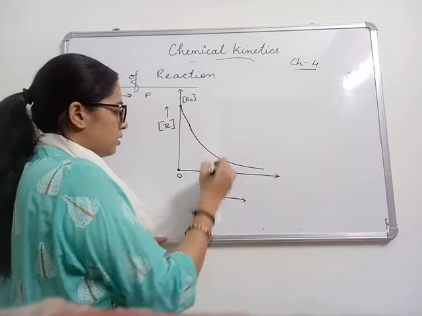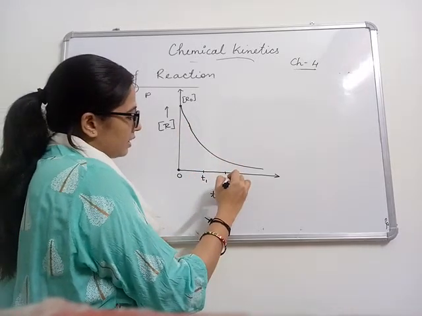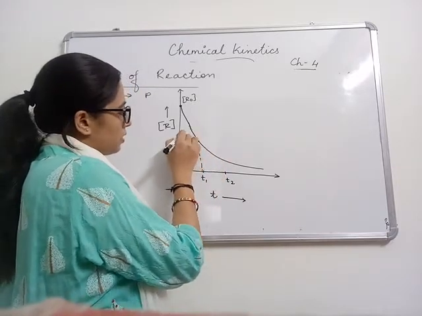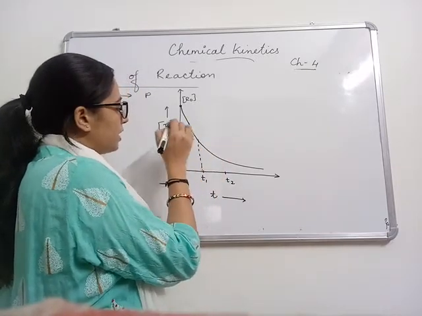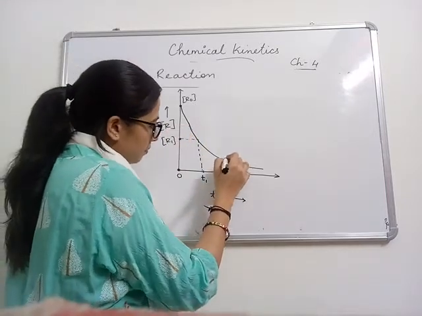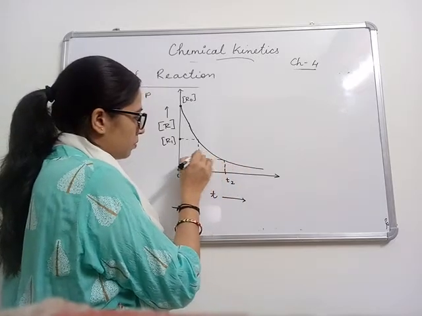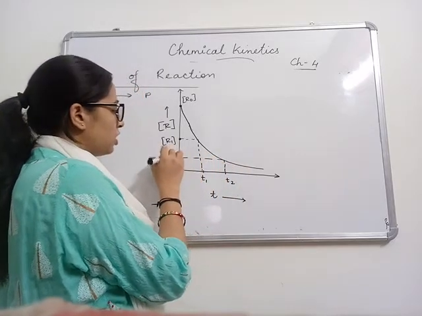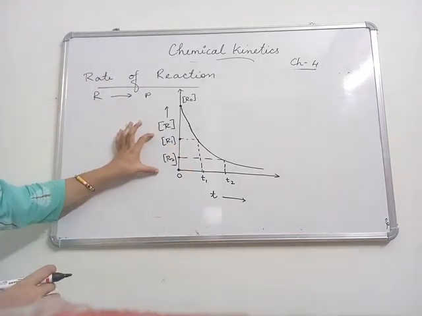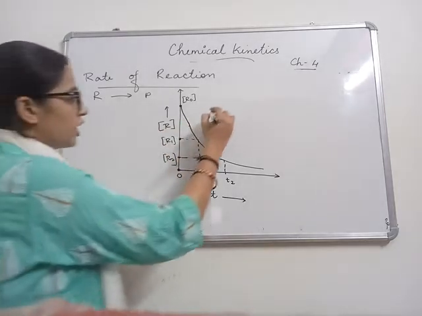Now let at time T1 and at time T2, we see the reactant amount. The amount of reactant at time T1, let this be R1, and at time T2, the concentration be R2. So reactant इतना था टाइम T1 पे, अब इतना हो गया टाइम T2 पे. So what is the change?